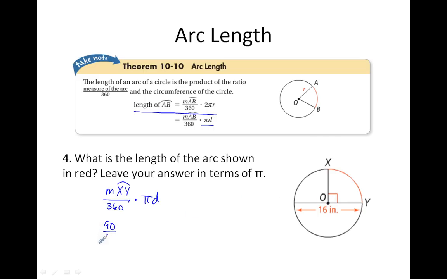So 90 over 360 times pi times 16. 90 over 360 reduces to 1/4 times pi times 16. We're going to leave the answer in terms of pi. So all I'm going to do is multiply 1/4 times 16. That gives me 4. I still keep the pi because I'm leaving my answer in terms of pi, and my unit is inches. So I have 4 pi inches as my final answer.